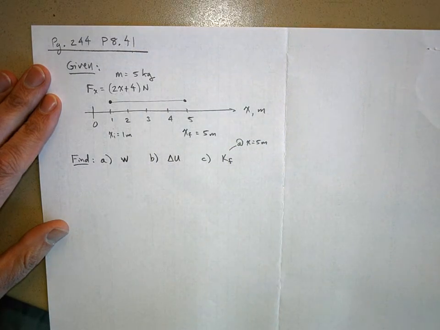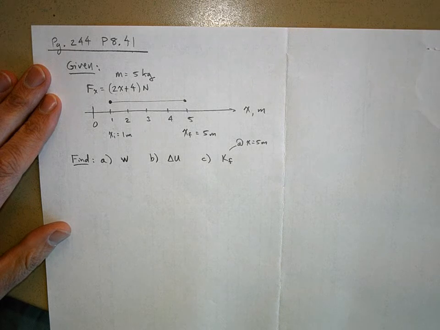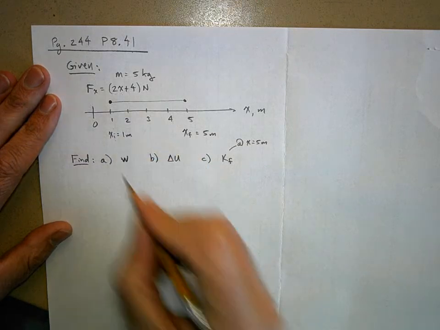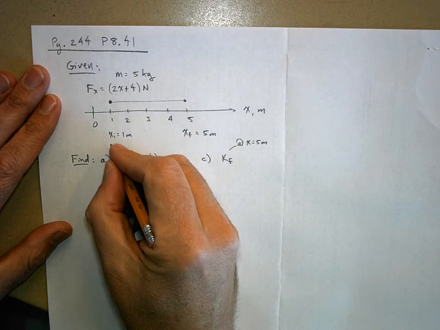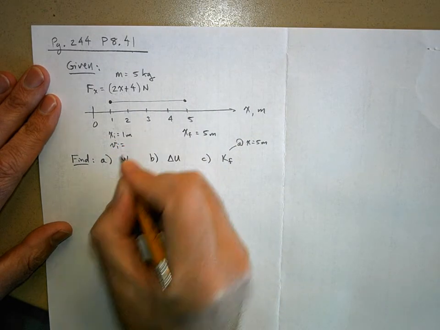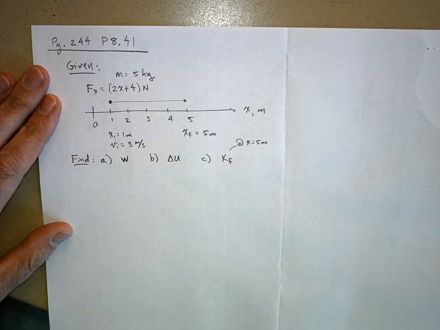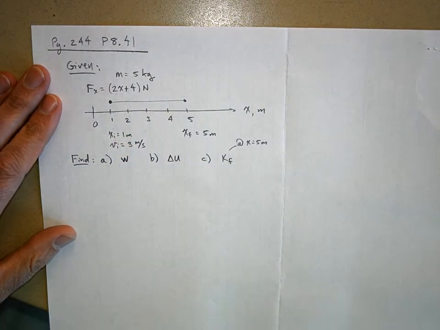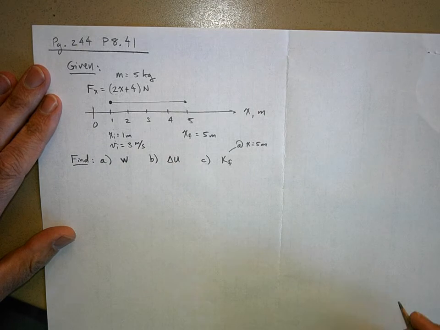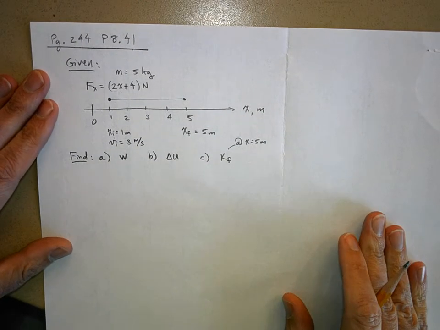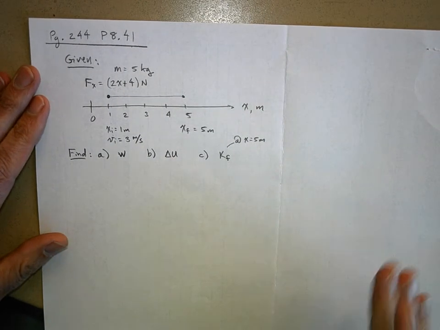And it said if its speed is 3 meters per second at 1 meter. So when it's at 1 meter right here, v initial is equal to 3 meters per second. So we'll just add that to what is given. So this is our situation. So let's go ahead and solve it.